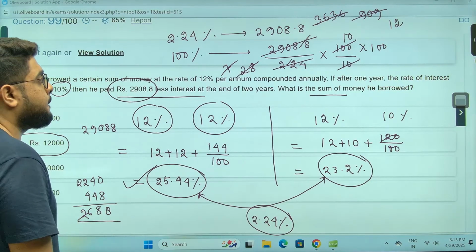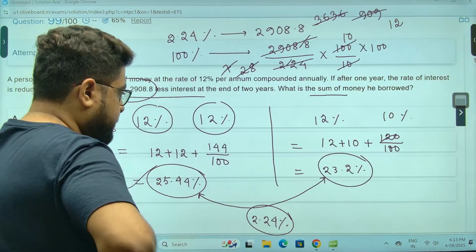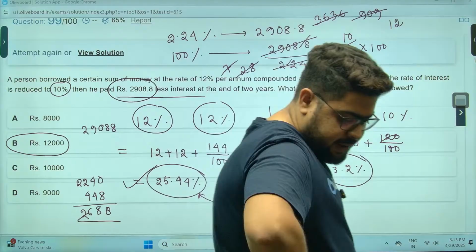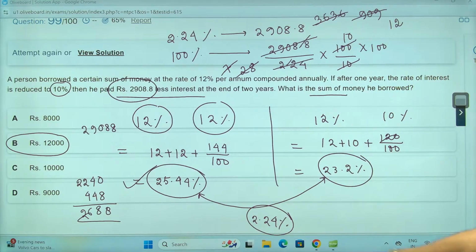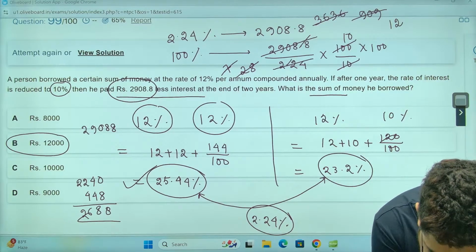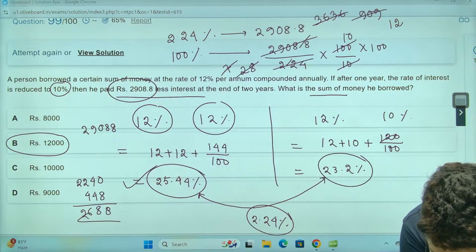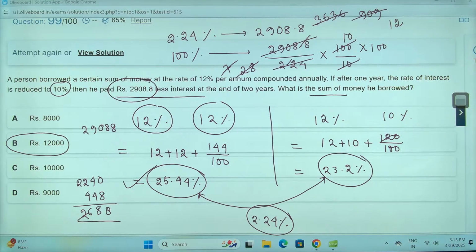Have I made any mistake? Have I made any mistake in the calculation? Anyone? Can you guys see any mistake here? I might not be seeing any mistake.